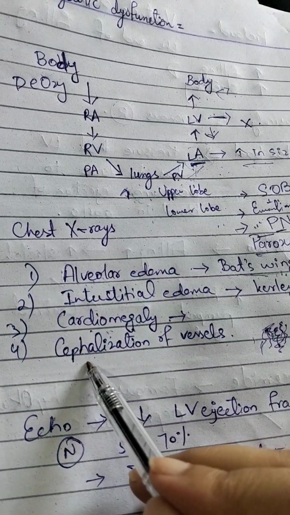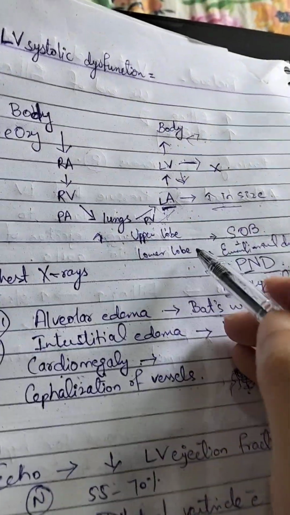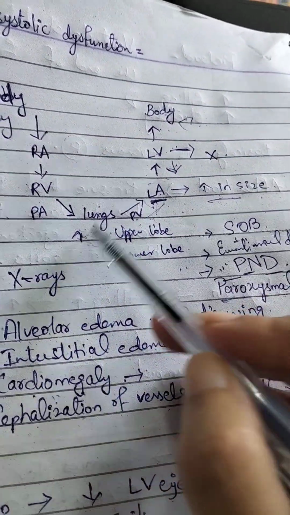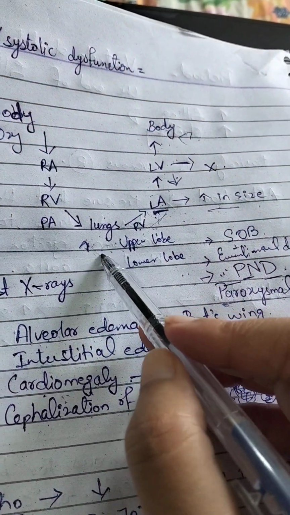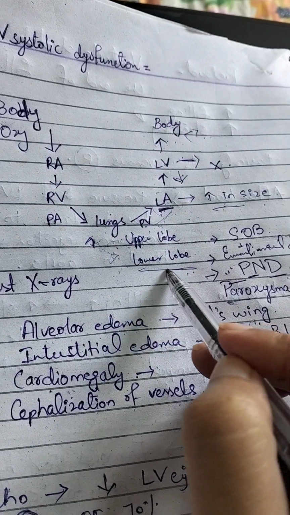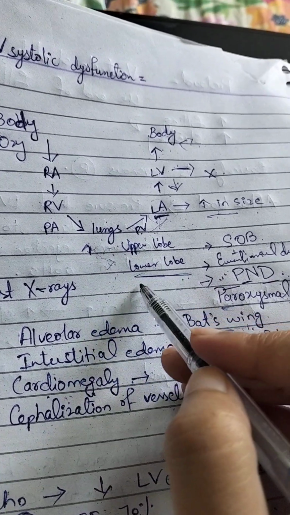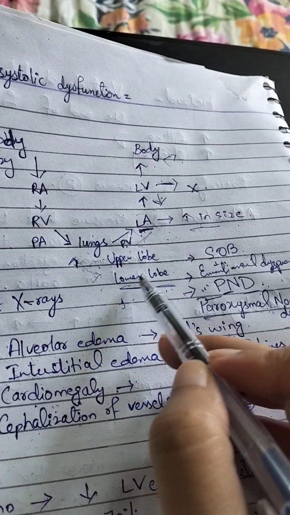The fourth finding is cephalization of vessels. What is cephalization of vessels? In normal conditions, during standing, due to gravity, the lower lobes are filled. If there is slight fluid, the first part to be filled is the lower lobe.